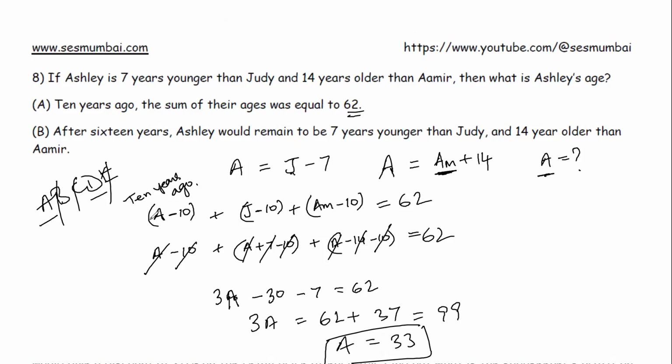So after 16 years, do you think the age gap would reduce or increase? No. So that is the logic here with B. It's just there to confuse you. It doesn't really answer the question. So it's only A. Only A answers the question. All right. Moving on.